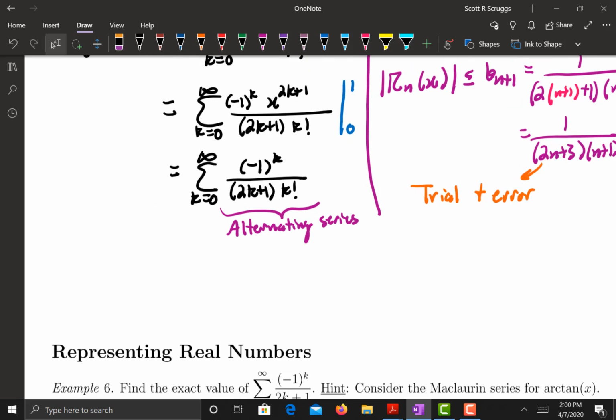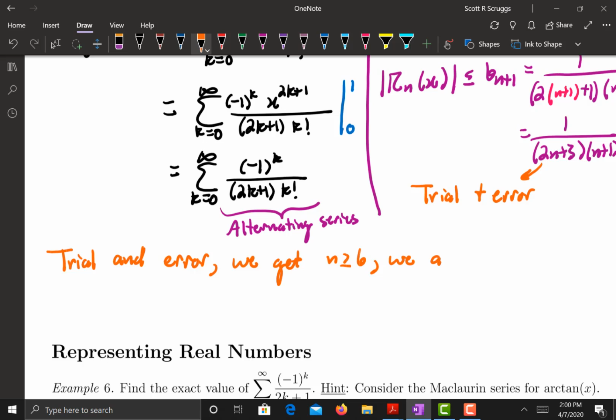But when we do trial and error, we get that when n is greater than or equal to 5, we are ensured that the error is less than 0.001.